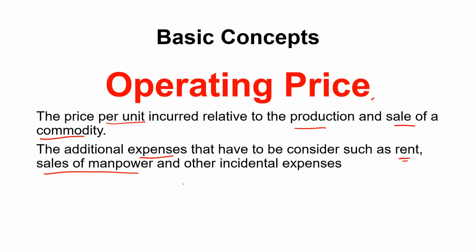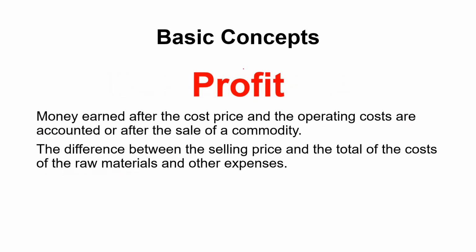So I hope nakikita nyo yung difference ng cost price and operating price. Kaya nga from the word operating, operation. Operation of your business. That's the price of your operation sa paggalaw ng business mo. Okay? So when we say profit, it is the money earned after the cost price and operating cost are accounted. Okay?